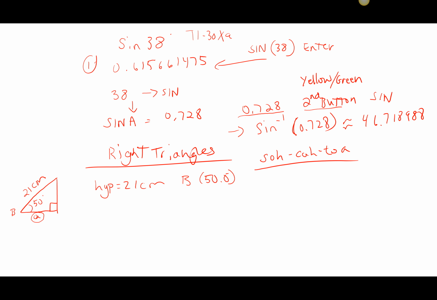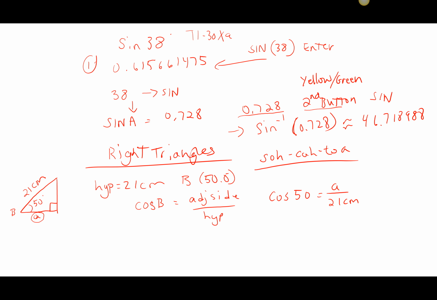So what we're looking for, we need to find cosine B, which equals the adjacent side over the hypotenuse. So we write the cosine of the given angle in terms of the sides of the given right triangle. So cosine 50 degrees equals A over 21 centimeters.